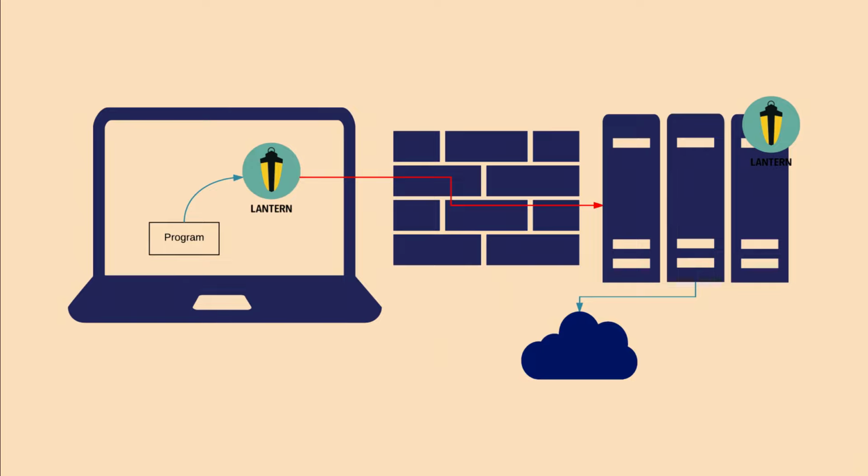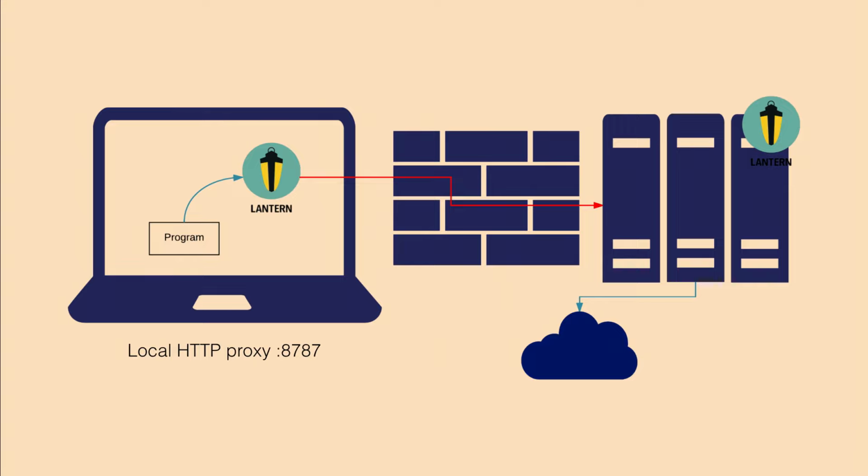Okay, this is a schema of how Lantern helps you deal with that. We have a program that connects to Lantern, and Lantern is a program that creates a local HTTP proxy. This proxy opens a port in your local host, and this is the Lantern client.